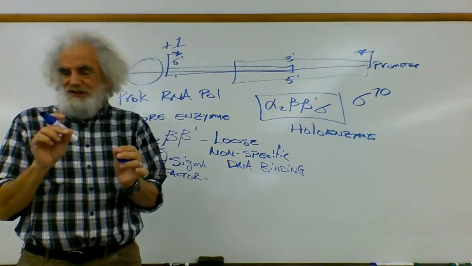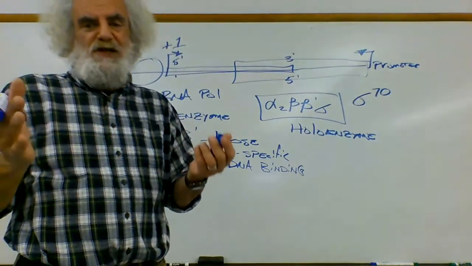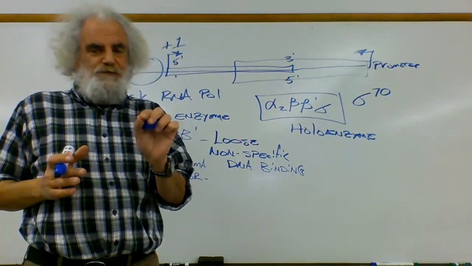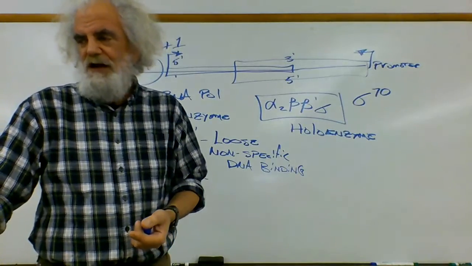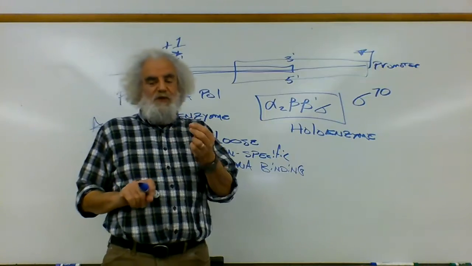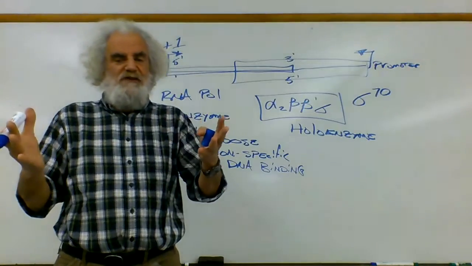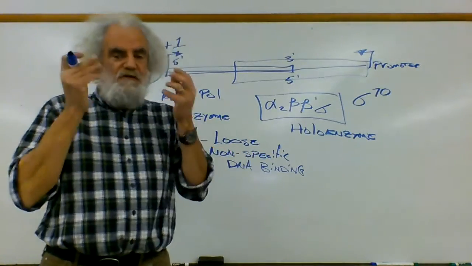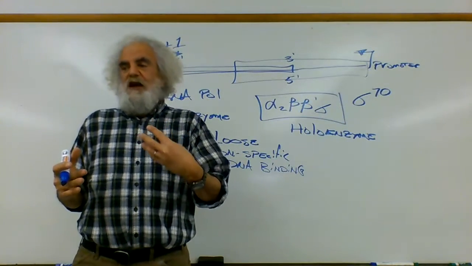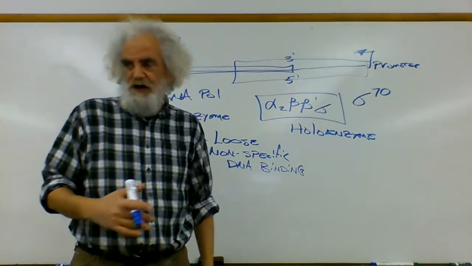Now, the cool thing is, under conditions of stress or different developmental regulation, like some bacteria that can form spores, like bacilli, you have a sigma factor switch in which you'll have a different sigma factor, and that sigma factor will now direct the RNA polymerase to a different promoter sequence. And so you can have a class of genes that are only going to be expressed under very specific stress-like environments. And so the sigma factors, there's sigma 54, there's sigma S, sigma 32, I'm just reading this off the list here.